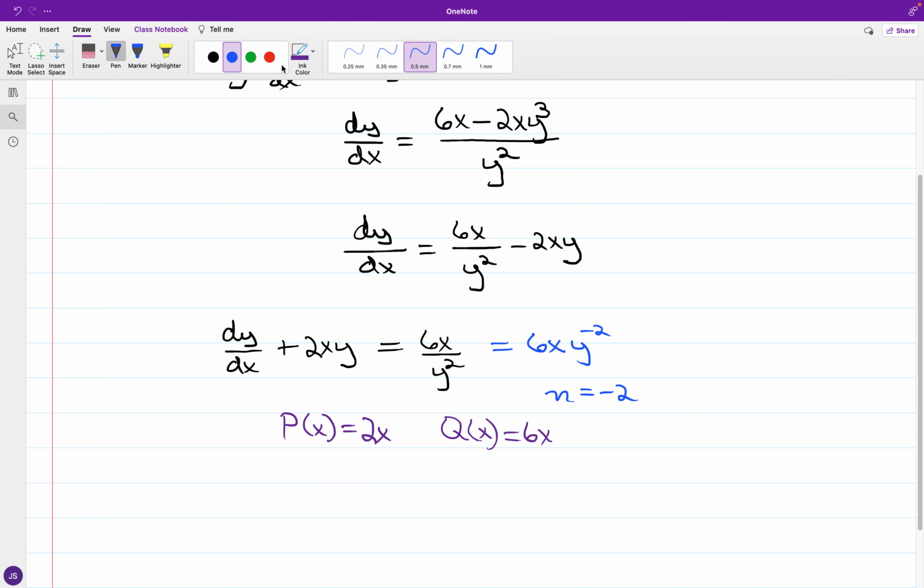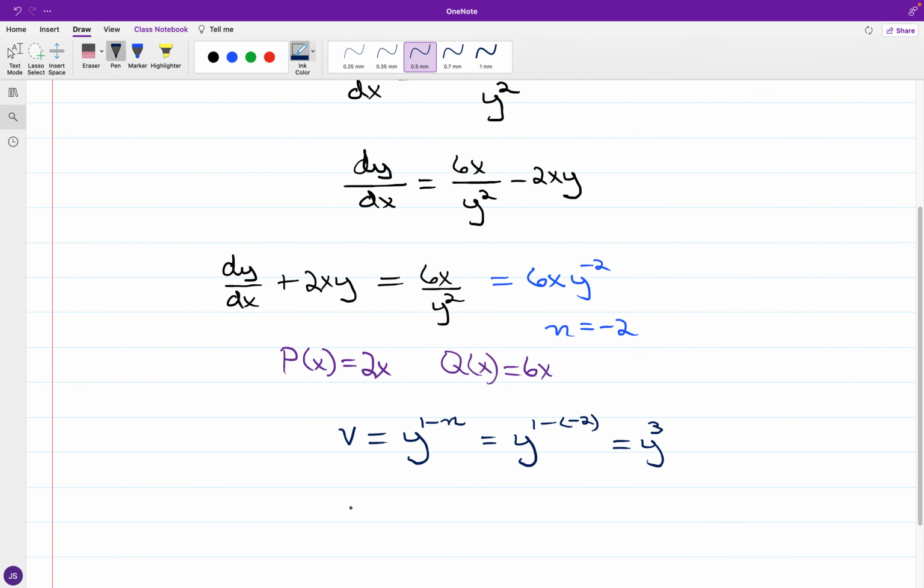So v is equal to y raised to the 1 minus n, and here n is negative 2, so v is equal to y to the third.